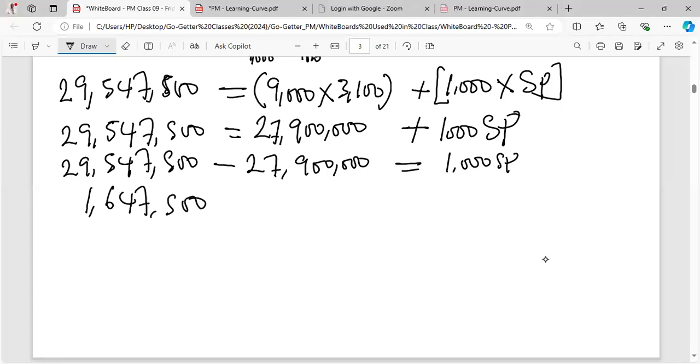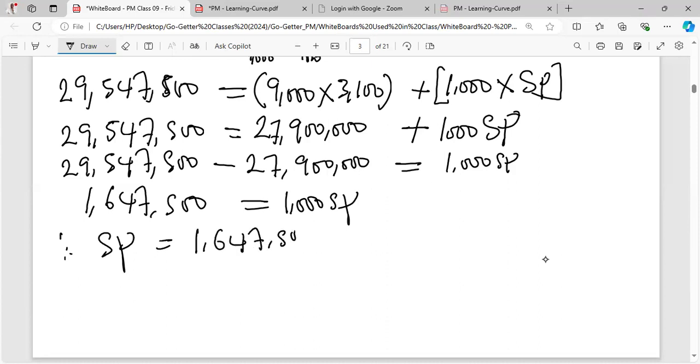1,647,500, which is equal to 1,000 SP. Therefore, SP will give me 1,647,500 all over 1,000. So let's bring the calculator now and divide this by 1,000.